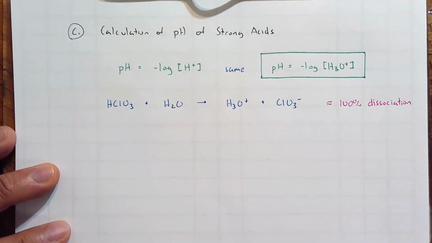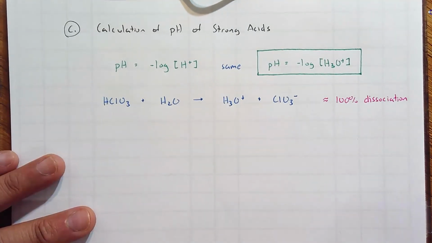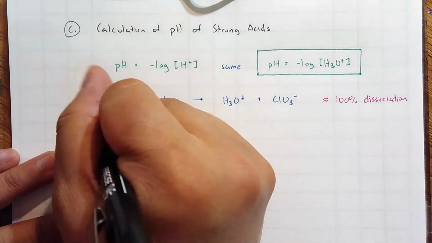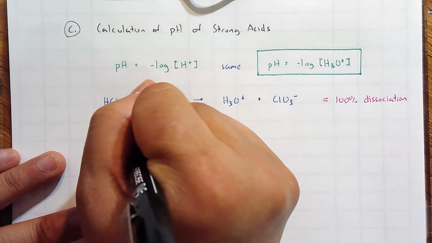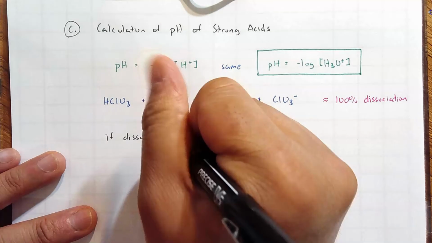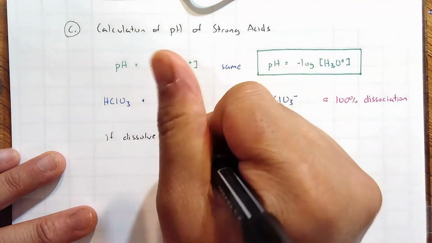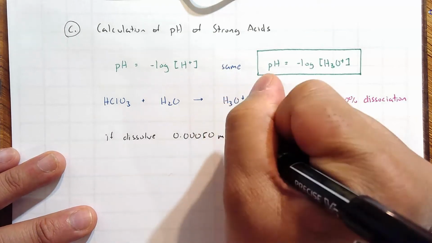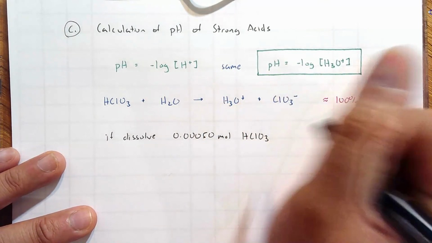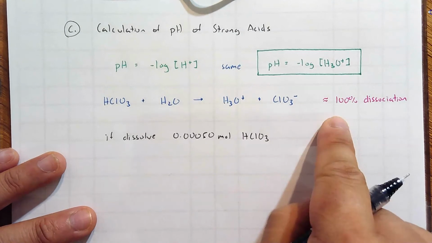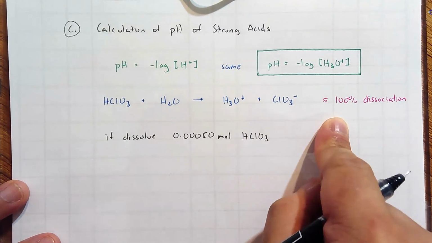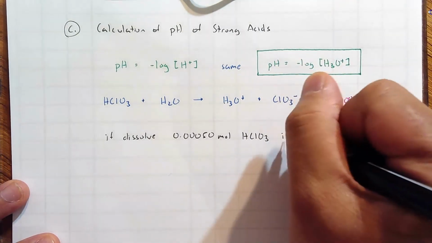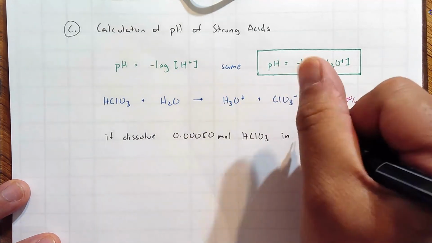What that means is that if you dissolve, let's pick a random number, 0.00050 moles of HClO3 in 1 liter of water, because we get 100% or near 100% dissociation, we're going to have the same amount of H3O+.